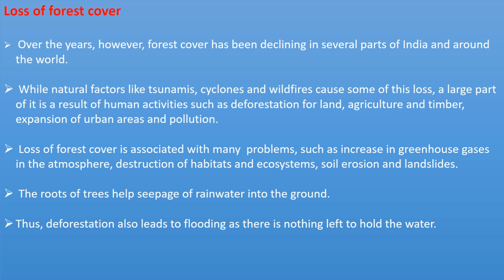It is very alarming to see the loss of forest cover. Over the years, forest cover has been declining in several parts of India and around the world. While natural factors like tsunamis, cyclones, and wildfires cause some of this loss, a large part of it is a result of human activities such as deforestation for land, agriculture and timber, expansion of urban areas, and pollution.